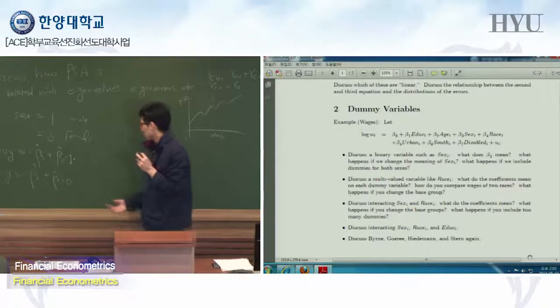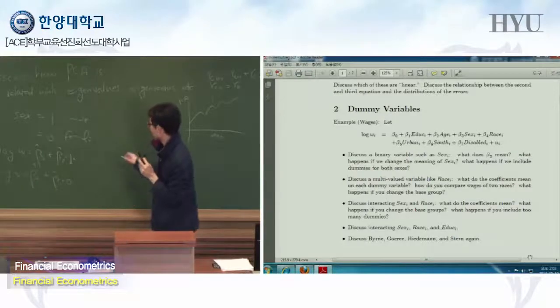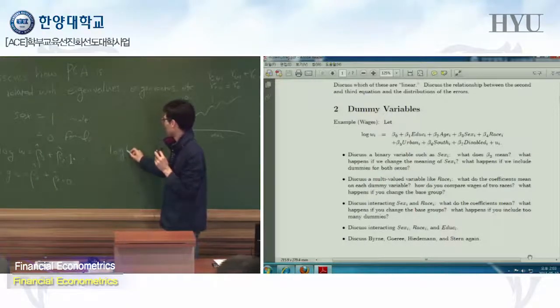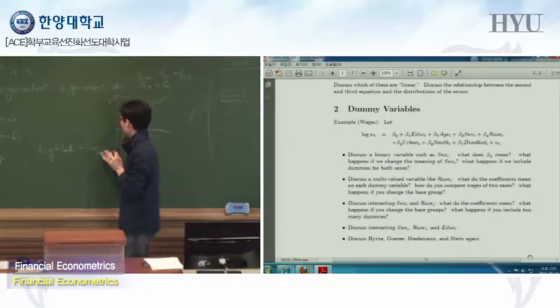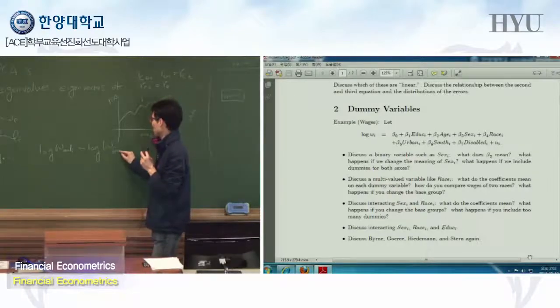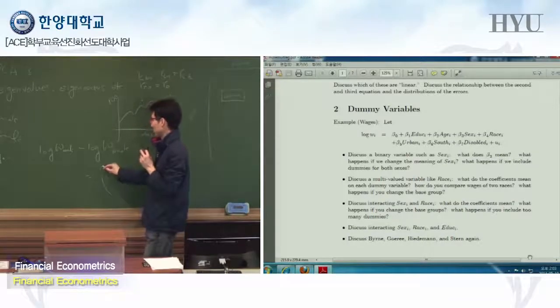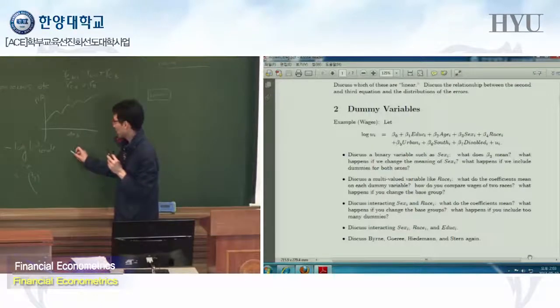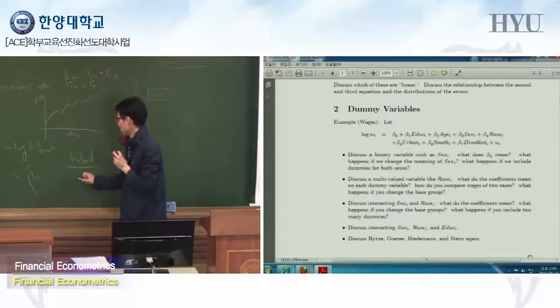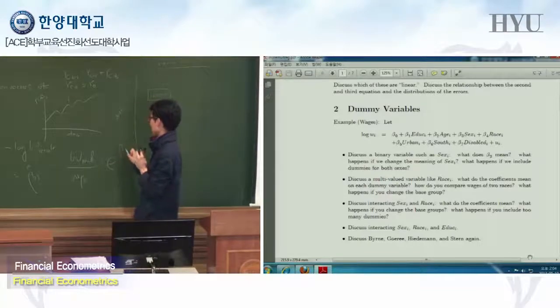Of course, since it is a log difference, the real meaning is that if we subtract, log W male minus log W female becomes beta 3 hat. And because it is log, in the end what we have is the ratio of male wage to female wage equals the exponential of beta 3 hat.